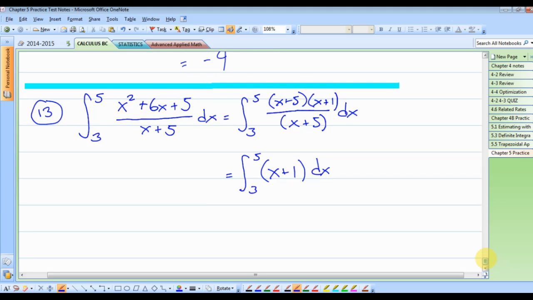Right? Good. What's the antiderivative of x? What's the antiderivative of 1?